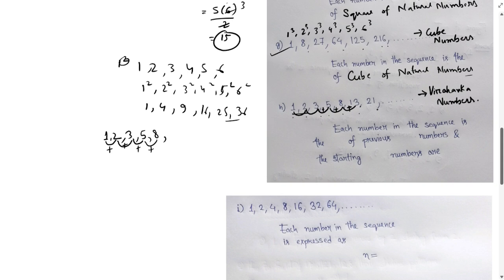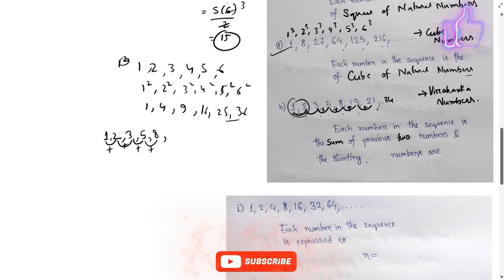Then 8 plus 13 is 21. Then 13 plus 21, how much will it be? 34. So we will go on. So we can write: each number in the sequence is the sum of the previous two numbers, and the starting two numbers are 1 and 2.